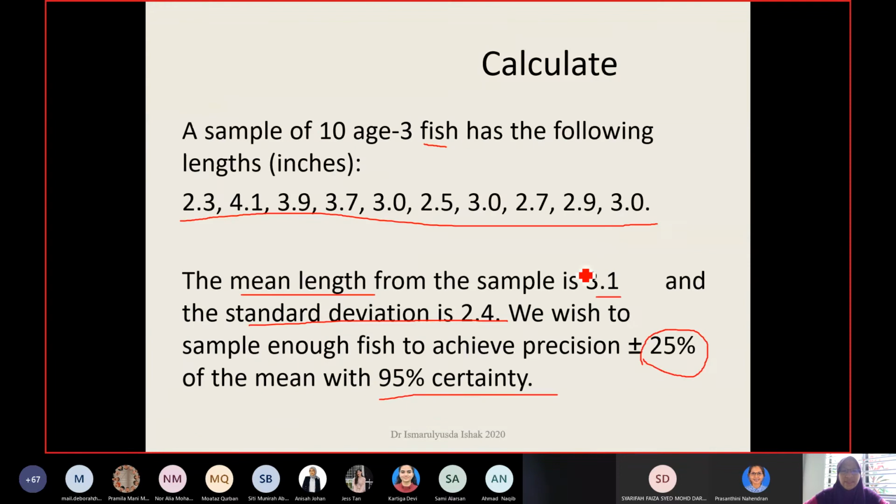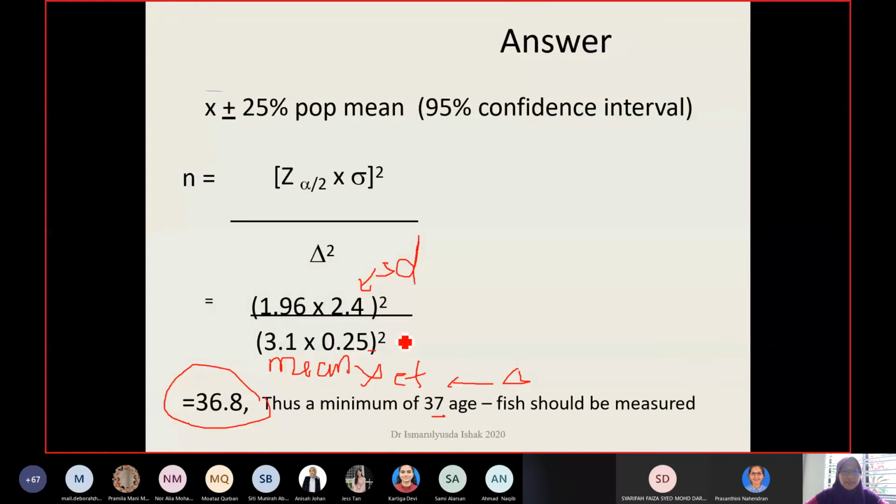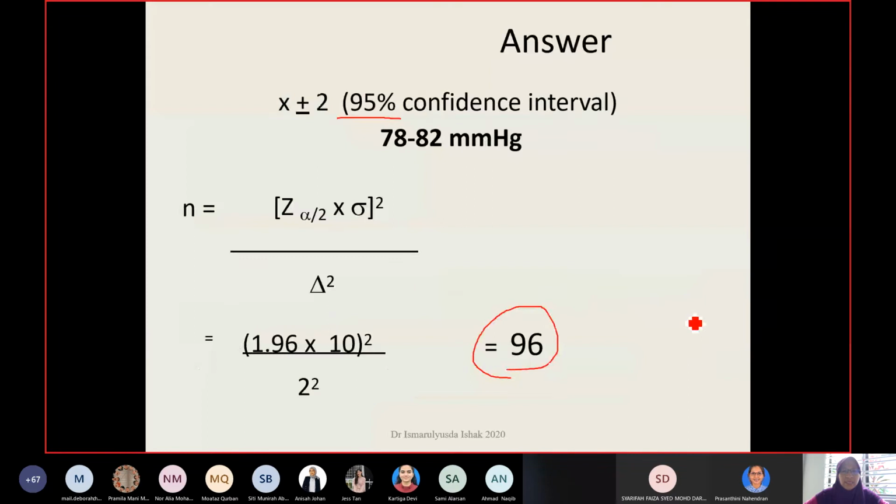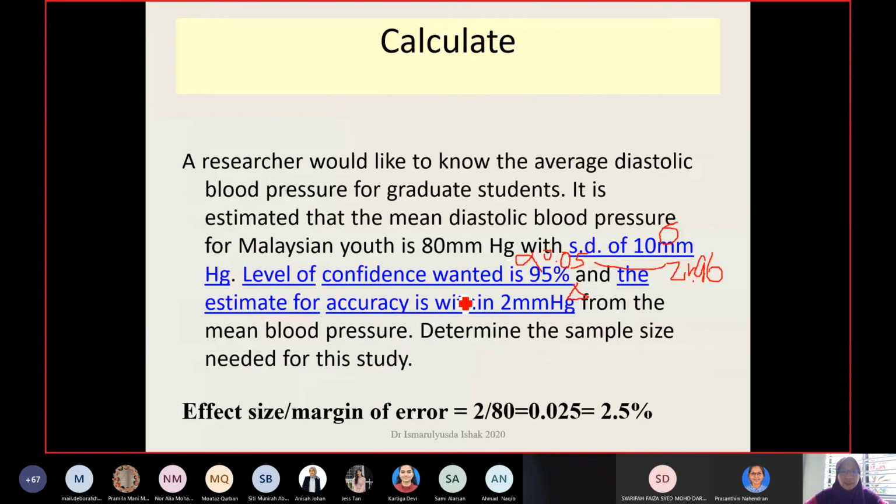So if in these questions they just give a percentage, not a unit, you have to multiply your percentage with the mean, 25% from the mean, then you will get the unit here. This one is direct because they give you the unit itself, within 2 millimeter mercury.